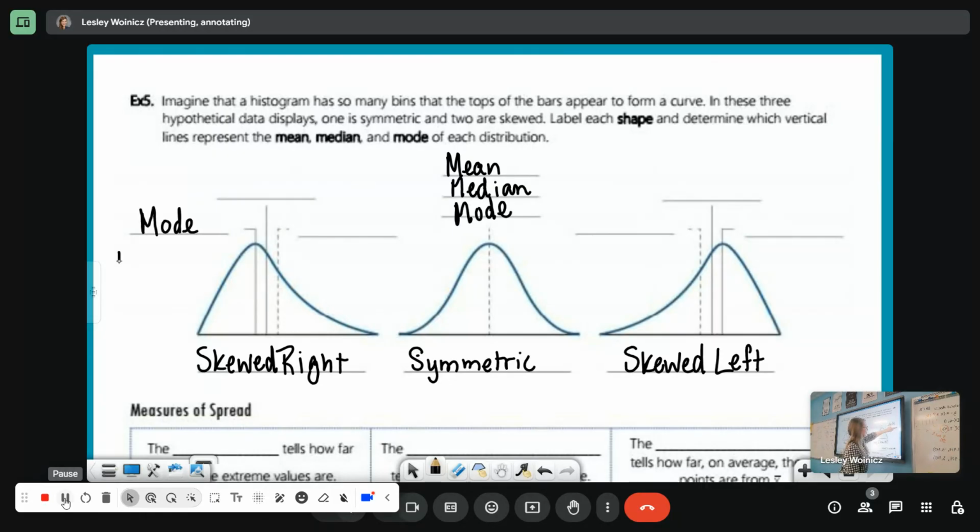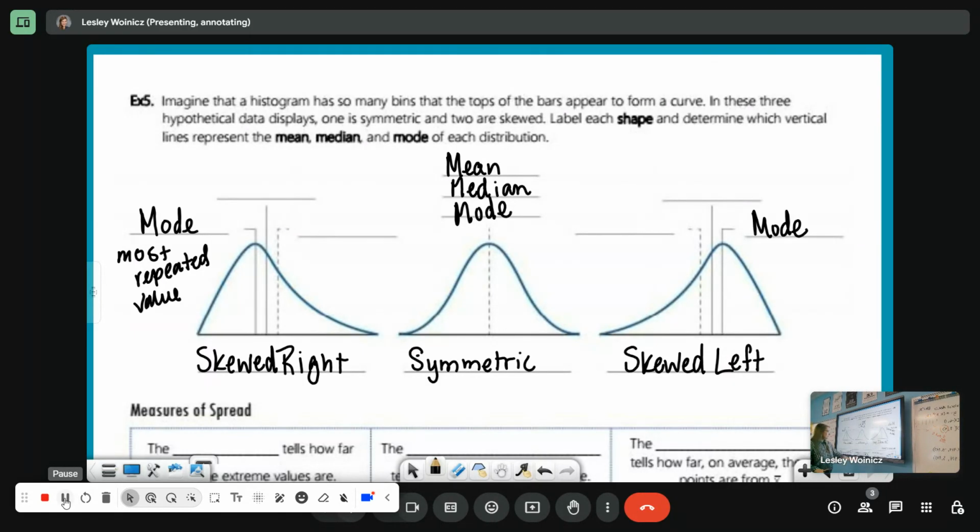Okay, it's the most repeated value. All right, over here, the mode is this guy. Still the highest frequency value.